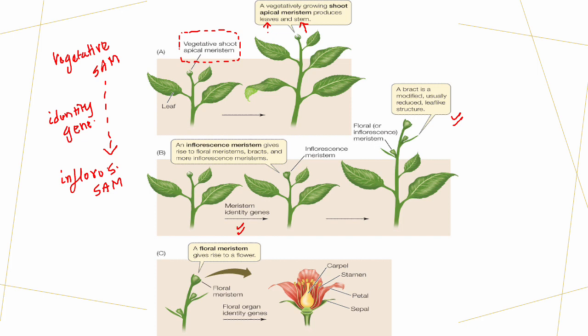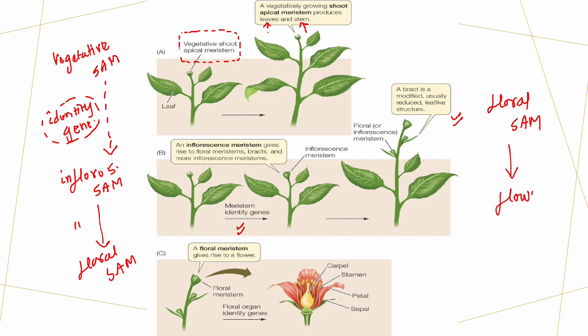But please remember, vegetative SAM to inflorescence SAM to floral SAM, all these identity changes are controlled or governed by a set of genes called identity genes. But the conversion of the floral shoot apical meristem, that is the final identity, into a flower is the role of another set of genes called floral organ identity genes, right?